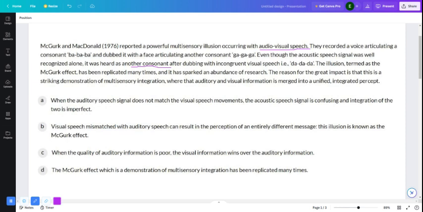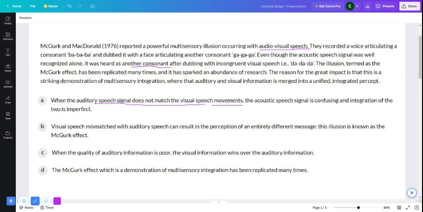Let's dig into the options. The first option: when the auditory speech signal does not match the visual speech movements, the acoustic speech signal is confusing and integration of the two is imperfect. It is correct that the auditory speech signal does not match the visual speech movement.